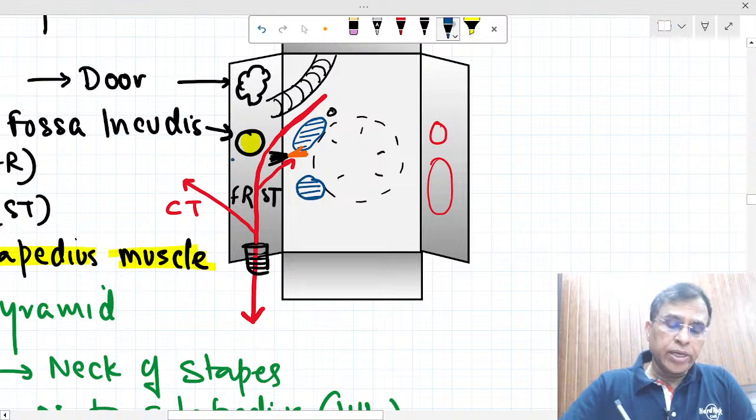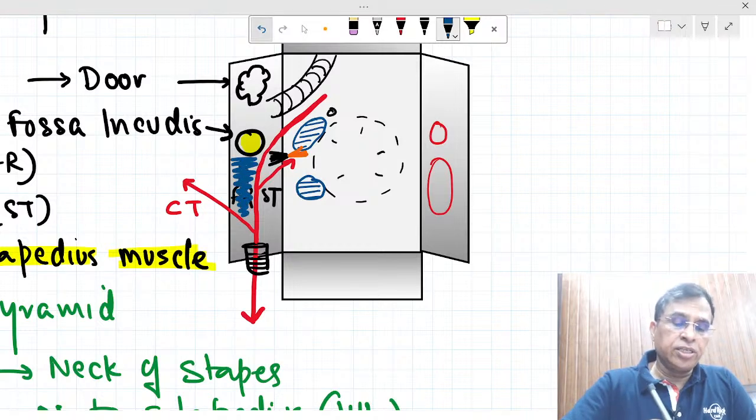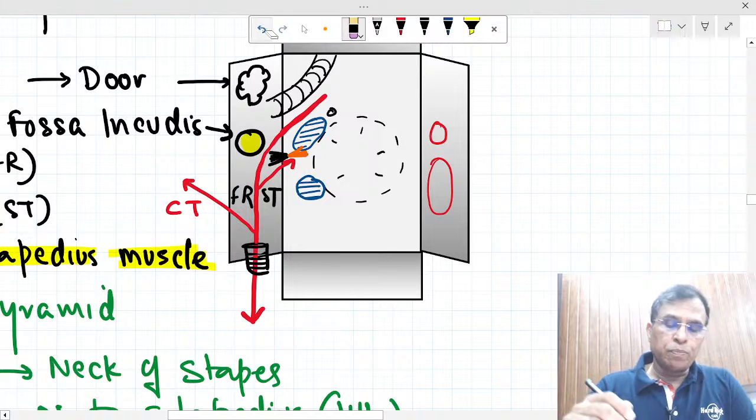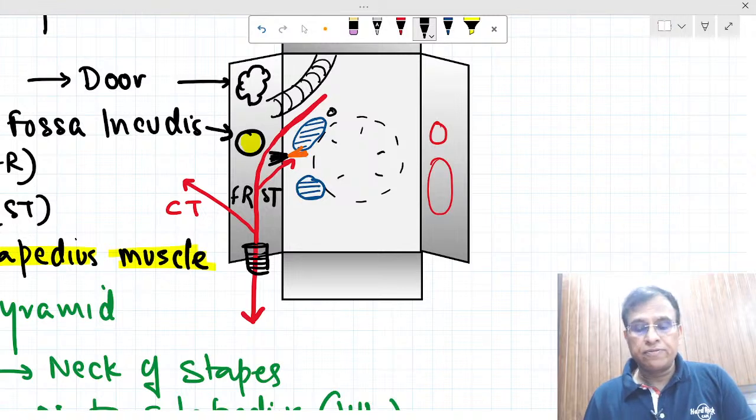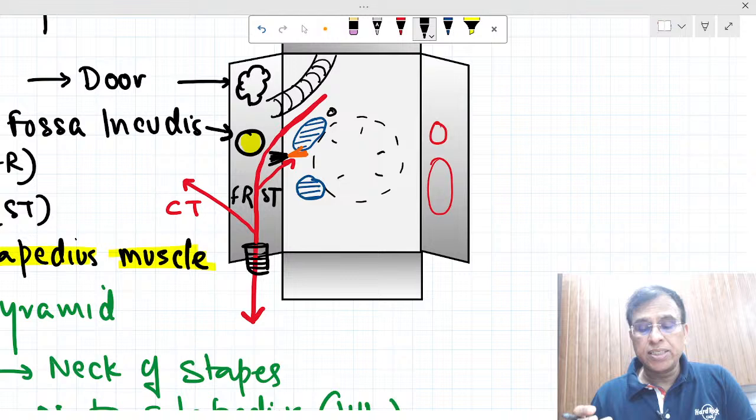Now the whole area between these three structures, which I'm shading now, is the facial recess area. So basically these are the three boundaries of the facial recess. Facial nerve, chorda tympani and fossa incudis are the boundaries of the facial recess, FR.